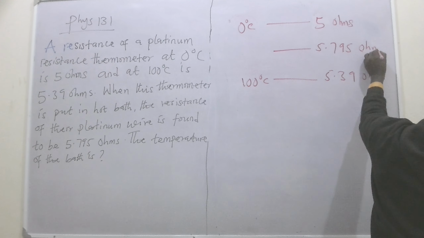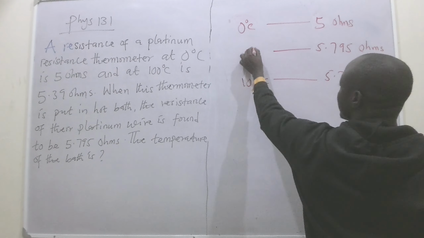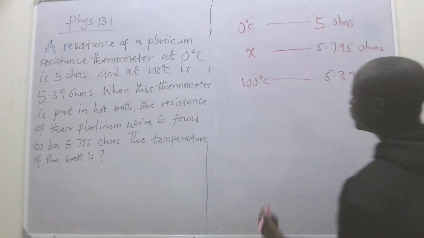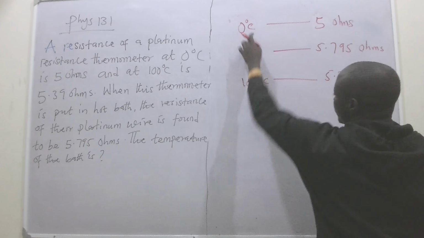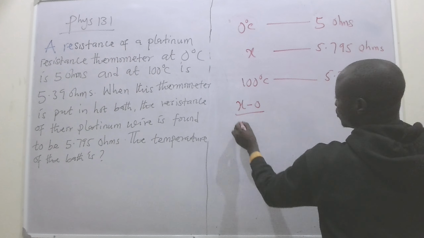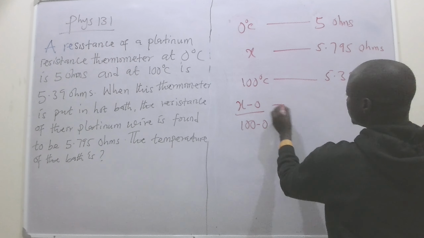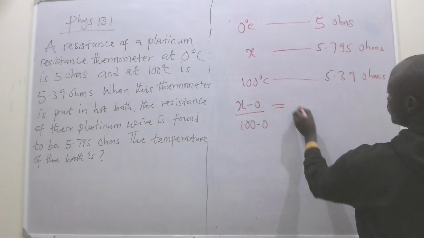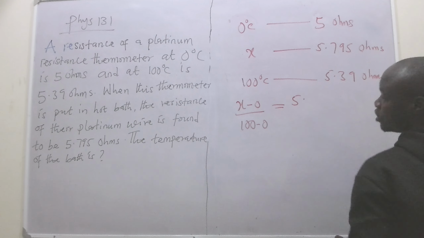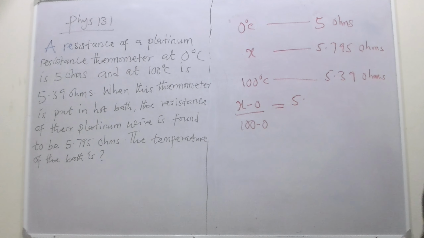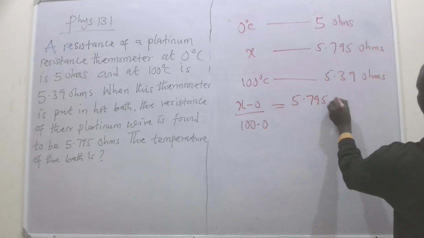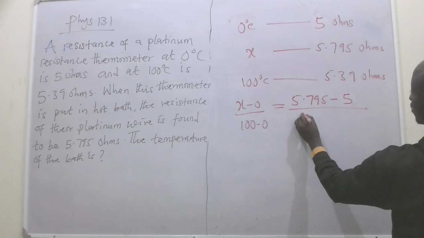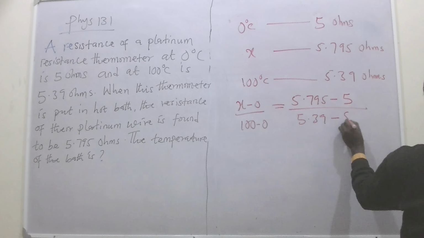5.795 ohms. And here we have x, because we want to get the temperature of the bath. So to calculate the temperature of the bath, we start with x minus 0 divided by 100 minus 0 is equal to 5.795 minus 5 divided by 5.39 minus 5.